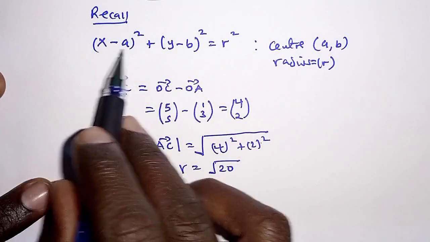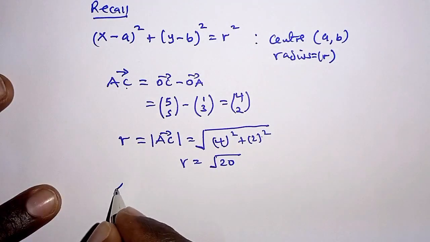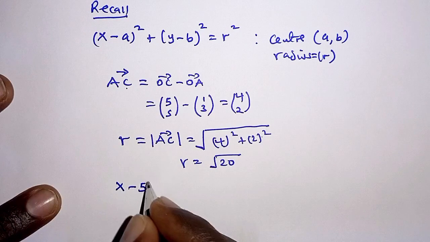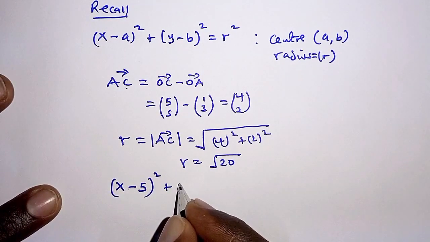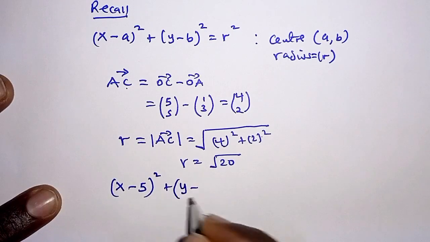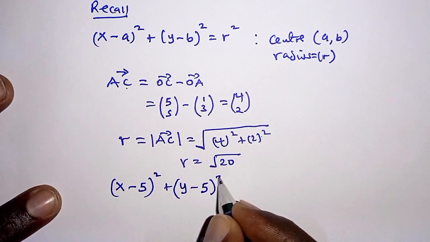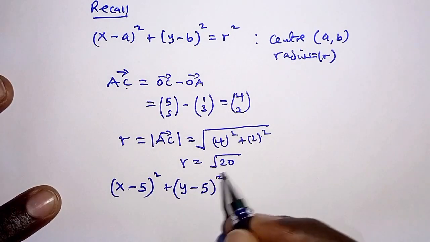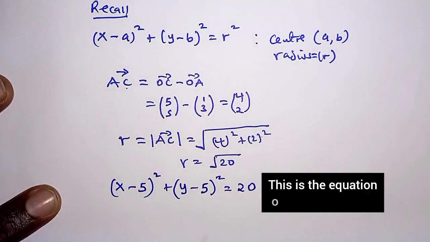We have (x minus 5) squared plus (y minus 5) squared is equal to r squared. Squaring root 20 simply gives us 20.